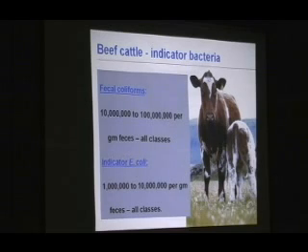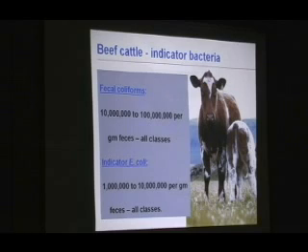I didn't have a nice black baldy or a nice Harris Ranch Angus to show you, but if we look at fecal coliforms, if you look at what's in a gram of cow feces on a wet weight, 10 million to 100 million are excreted per gram by that cow and her calf every day. All classes of animal, regardless of age or sex. If we look at indicator E. coli, it's about an order of magnitude less, about 1 million to 10 million per gram feces per day.